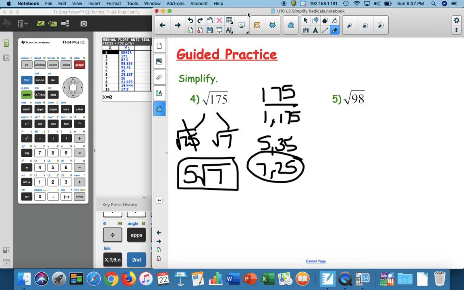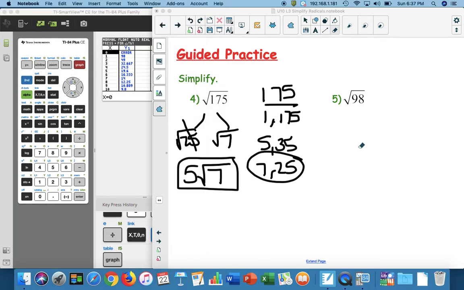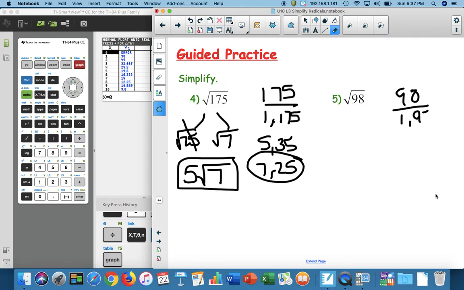For the left side, we have 98. Divide 98 by x, second graph. Let's list the factors of 98 together: 1 and 98, 2 and 49, 7 and 14.